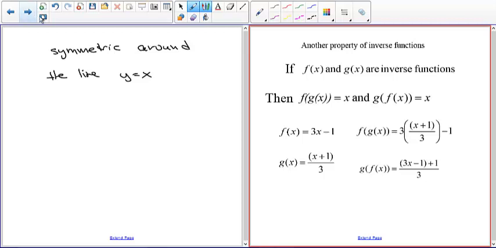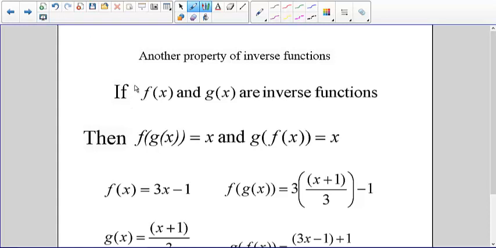Oh, well, yeah. So the other thing about inverse functions is that the composite function f of g of x is x, and the composite function g of f of x is x. So not only do they have those other properties, but the composite function always equals x. So where is this going to be important?